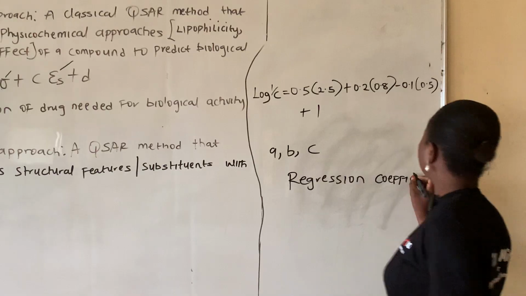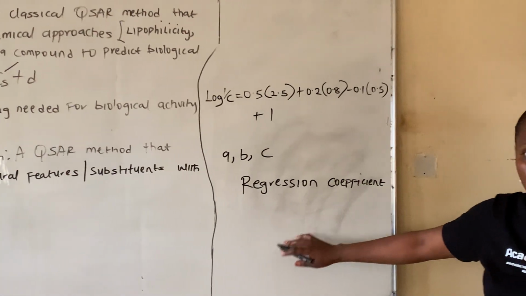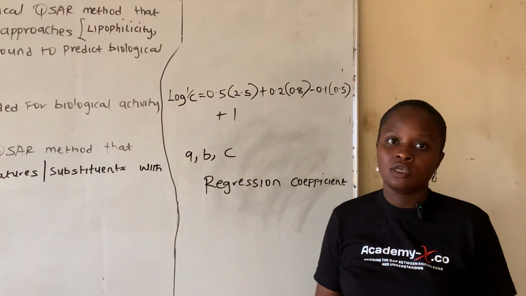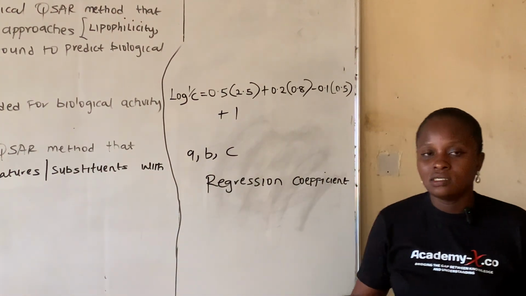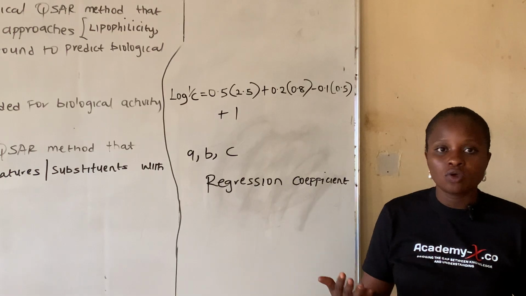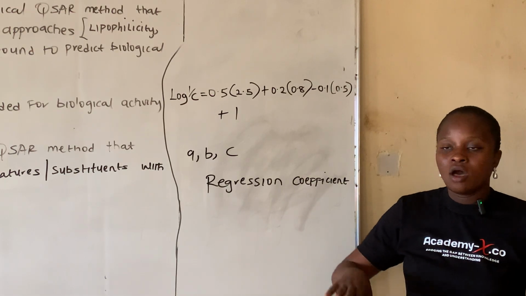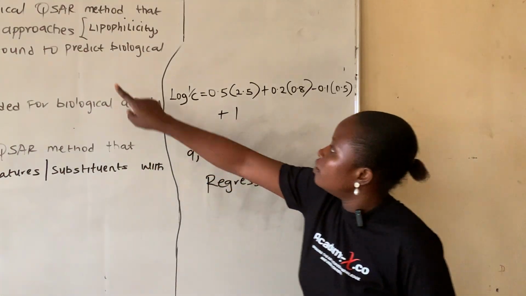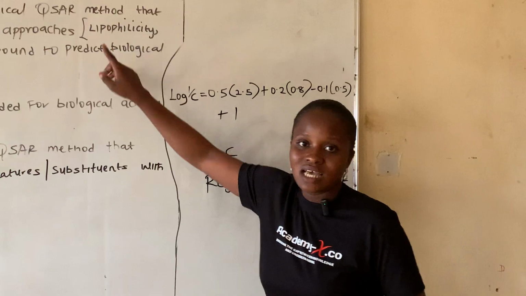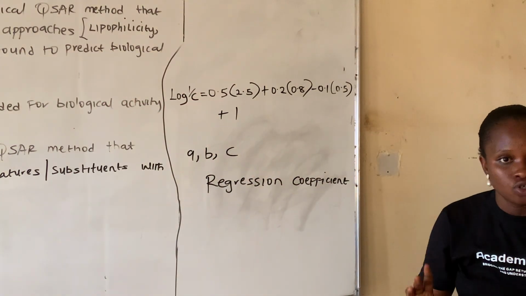So you'll be wondering, what is regression? Regression is a statistical method, or an inferential statistics, where you're trying to know the direction or the strength of a relationship between two or more factors. Let's say that it's been established that the lipophilicity of a drug has a relationship with its biological activity, and that is what correlation does.